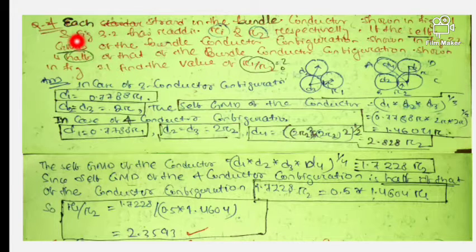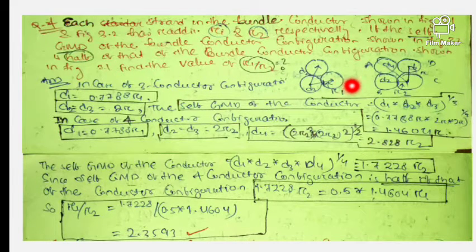So now come to question number 4. Question number 4 is asking that each strand in the bundle conductor shown in figure 3.1 and 3.2 has a radius of r1 and radius of r2 respectively. If the self GMD of the conductor configuration shown in figure 3.2 is half of that of the bundle conductor of configuration shown in figure 1, then find r1 divided by r2.